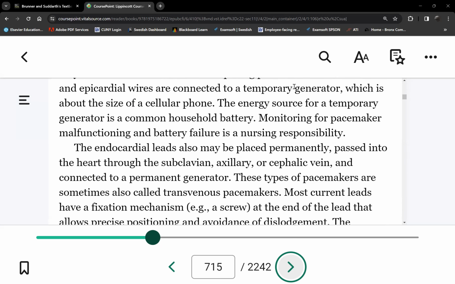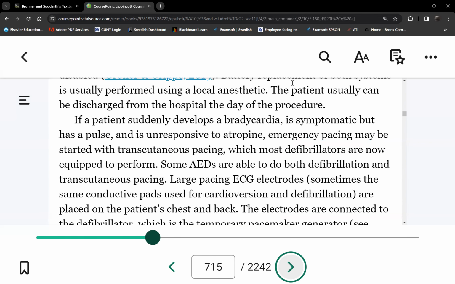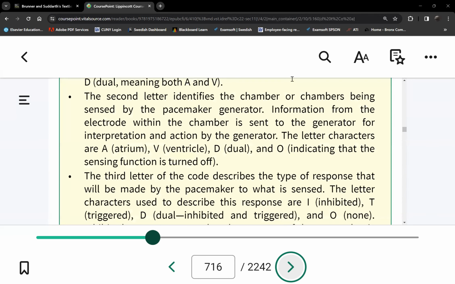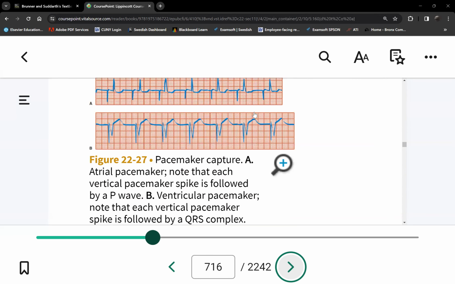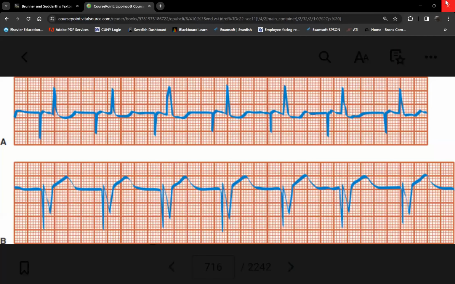So since it's now taking over the pacing, correct? The device is now firing the impulses. So on the ECG, are we expecting to see a P wave here? No more P wave because the pacemaker is firing the electrical impulses.